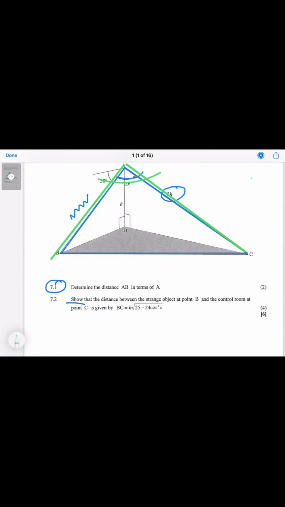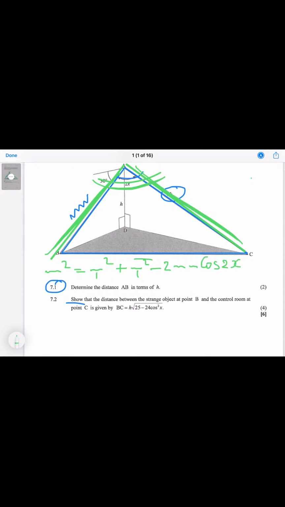This is where you realize the cosine rule is going to be relevant, because you're going to say this side, BC squared, is equal to this side squared, plus this side squared, minus 2 times those sides, this one and that one, and then cos of that angle, which is cos of 2 angle.